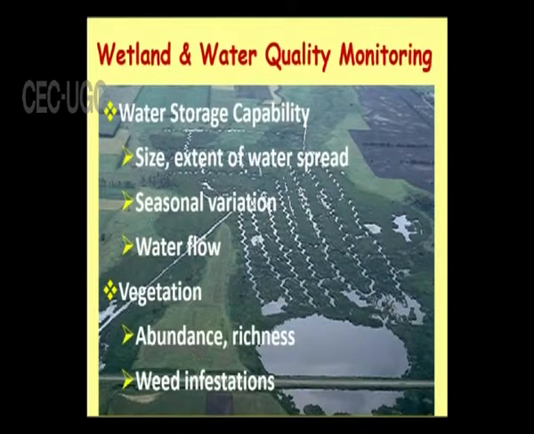And the seasonal variation, because water is not permanently stored over here; depending upon the season, there is more water in the rainy season or vice versa. And the water flow, the flow channels, because mostly it is connected to some river or some seashore, and therefore the water flow, the vegetation, the abundance, richness, and the weed infestation.